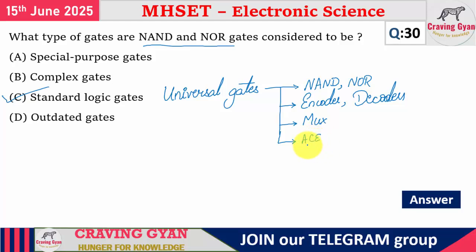So for the 30th question, option C is correct. Or one more is the combination of AND gate, OR gate and NOT gate. So given any expression, you can realize it with the help of universal gates, nothing but standard logic gates.